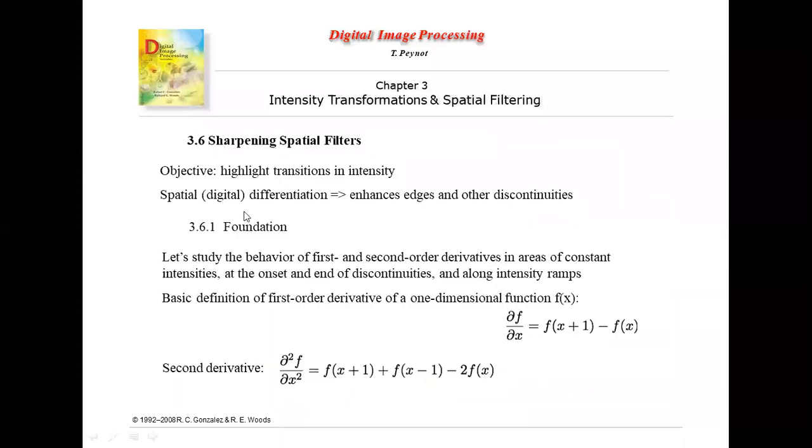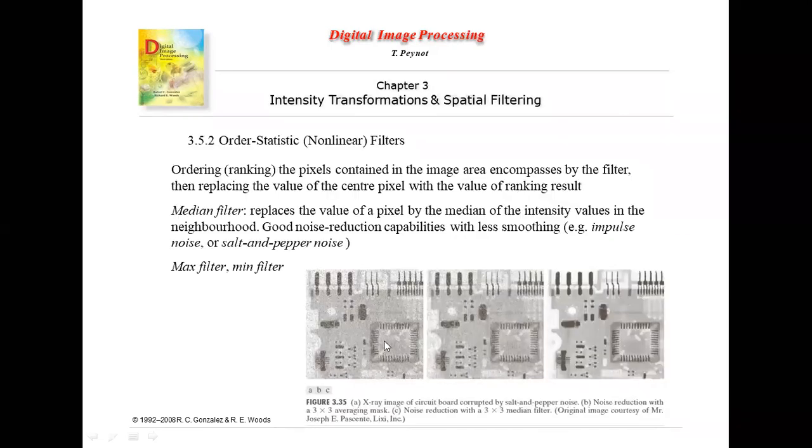Once again, don't jump to the conclusion that a low pass filter is a smoothing one and a high pass filter is a sharpening one. No. It is based exclusively on the image processing application. Then there is something called non-linear filtering. Each of the filters is very interesting and has its own advantages.